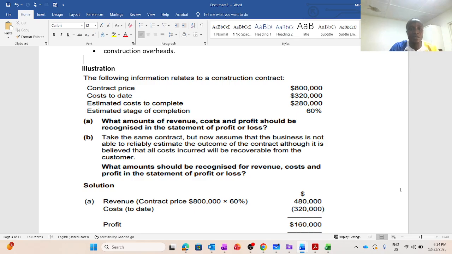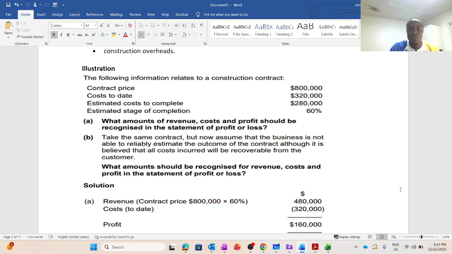Estimated stage of completion, 60%. So as of now, 60% has been completed. The contract price is $800,000. The cost that we have incurred to date is 320, and the cost to complete is 218. So the requirement: what amount of revenue, costs, and profit should be recognized in the statement of profit or loss?